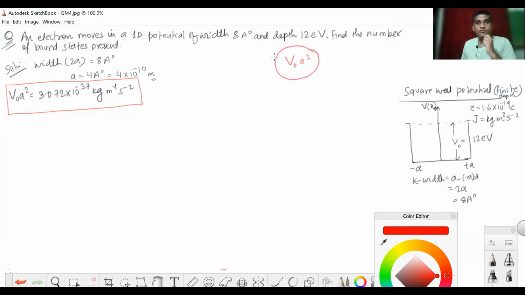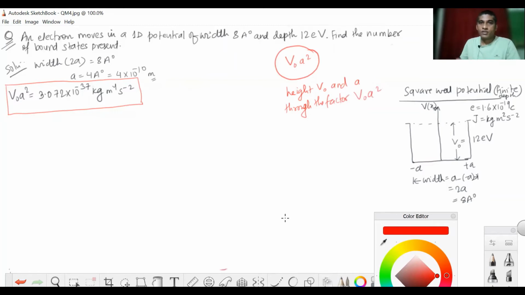We are finding this because the number of bound states is seen to depend on the height V naught and a through the factor V naught a square.